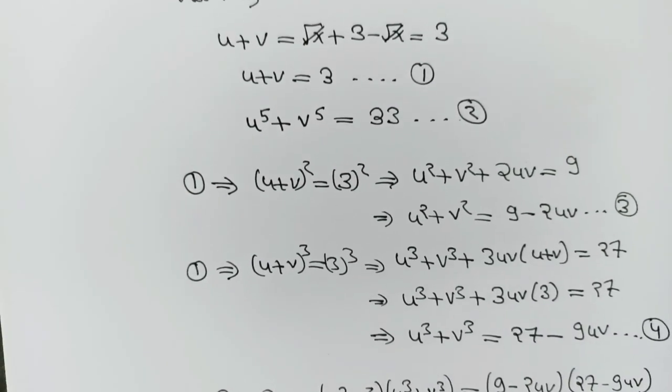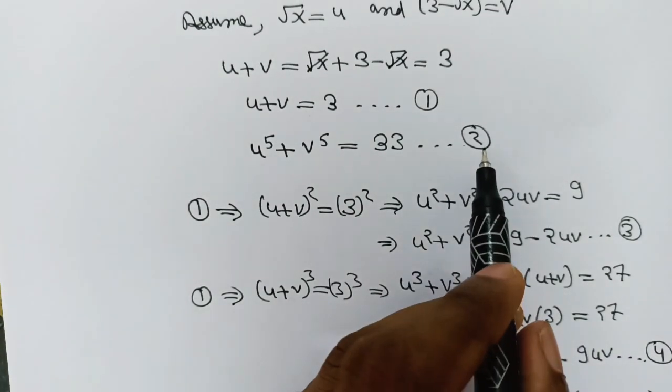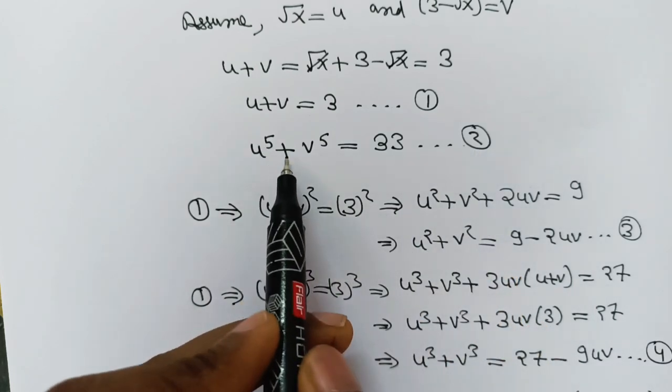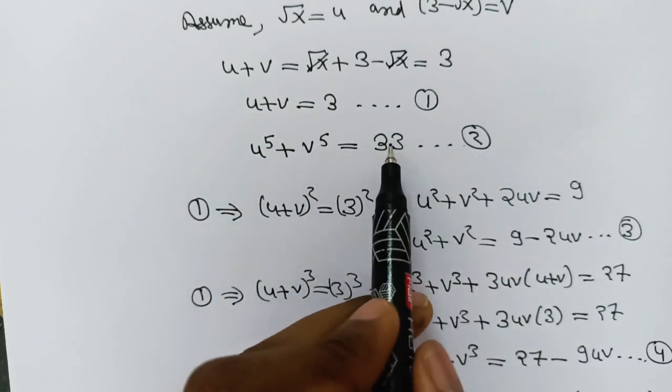And then simplifying, from this part u^5 and v^5 is nothing but, from equation number 2, you can clearly see u^5 + v^5 is equal to 33.